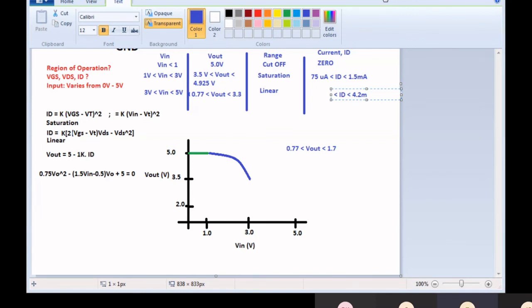I am getting V out as 3.33 and 0.77. What is your minimum V in? Minimum V in is 3.